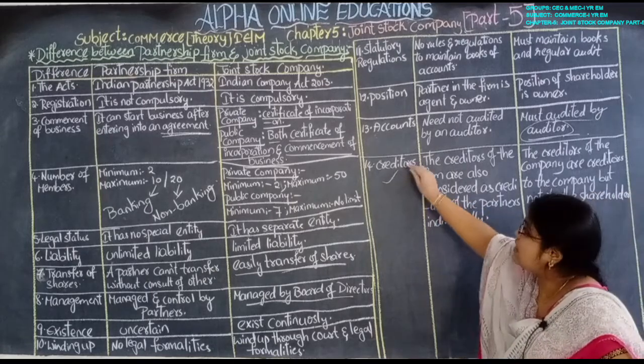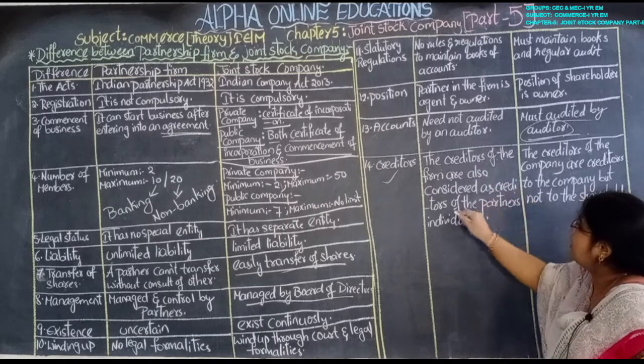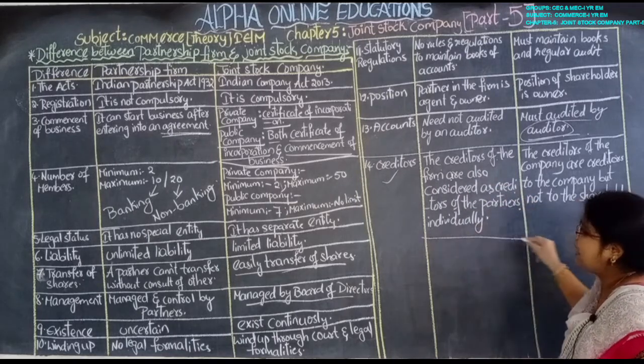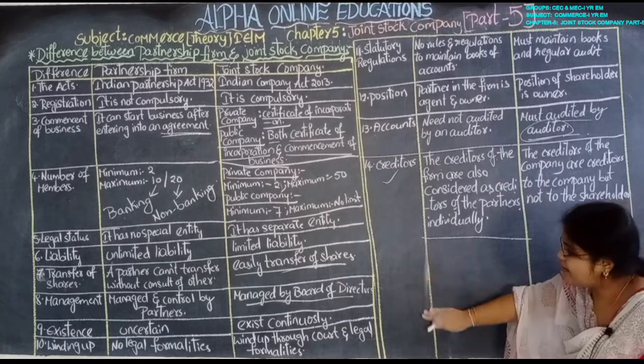Next, creditors. The creditors of the firm are also considered as creditors of the partners individually. Okay, creditor. Who is the creditor? Creditor ante evarni creditor antam.